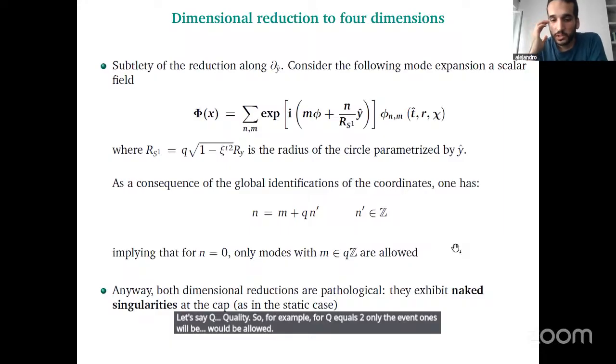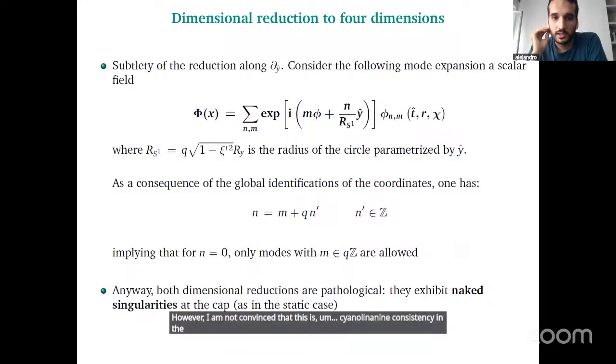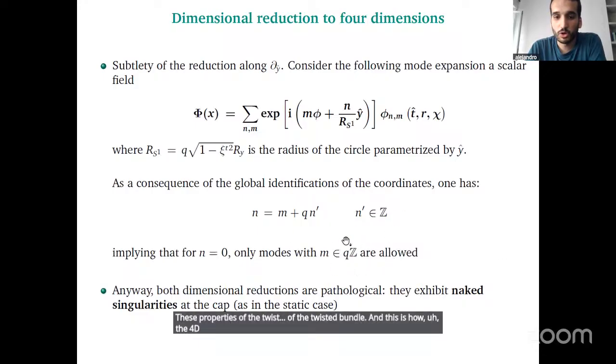However, I am not convinced that this is signaling any inconsistency in the dimensional reduction, but rather is pointing out that you are reducing a solution which has these properties of the twisted bundle, and this is how the 4D solution would know about this.